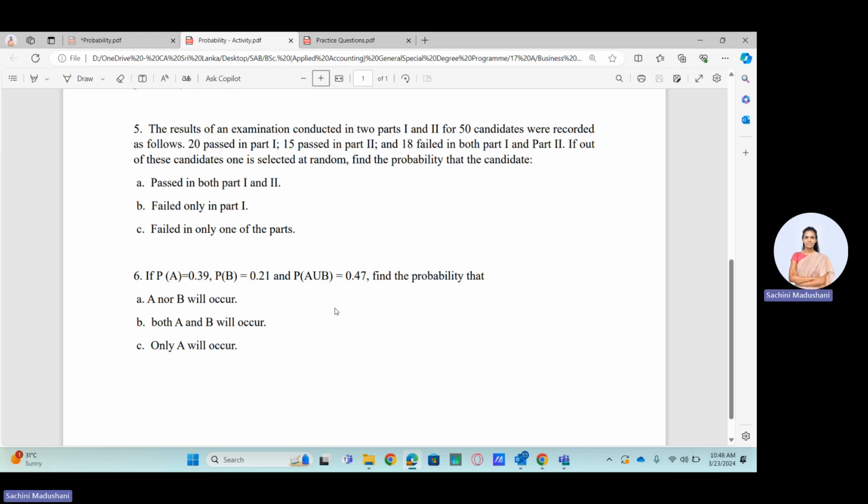We know the union and the probabilities of the two events, so we can use the addition law of probability. How to do that?